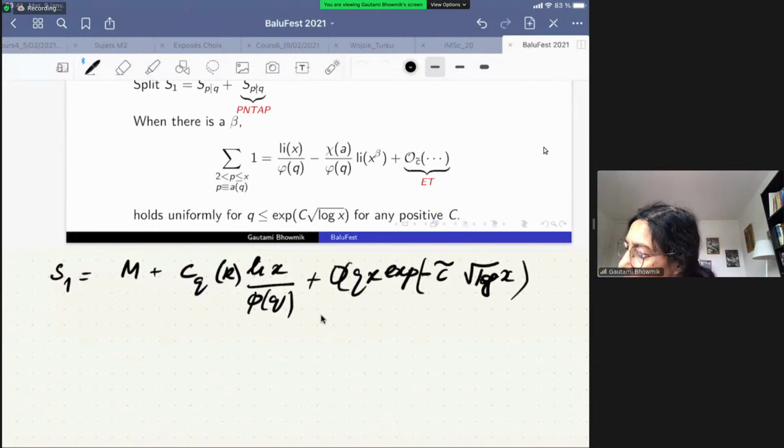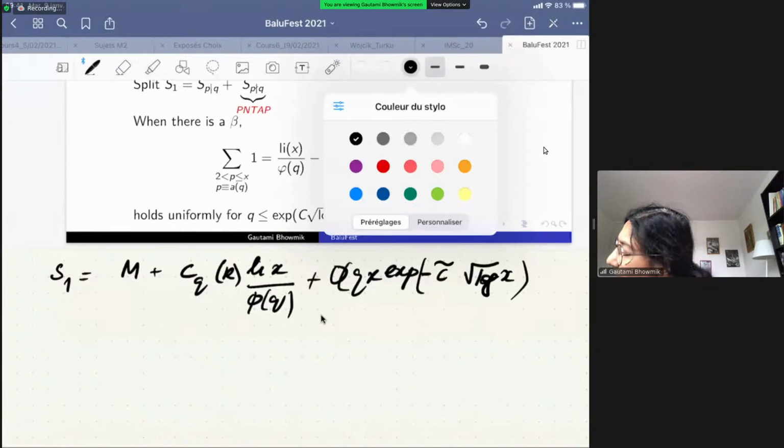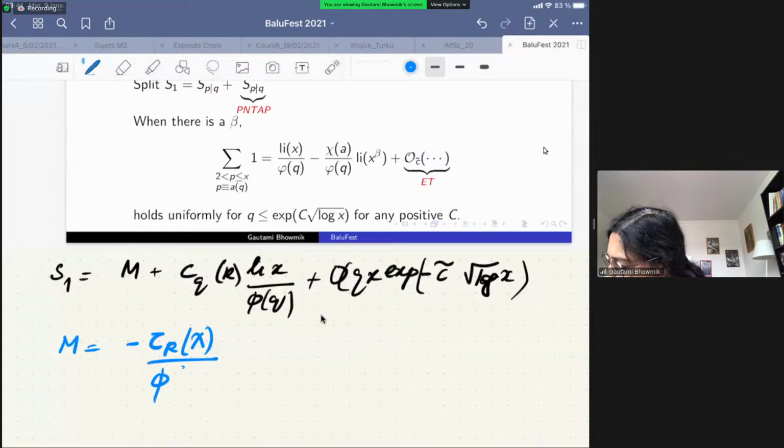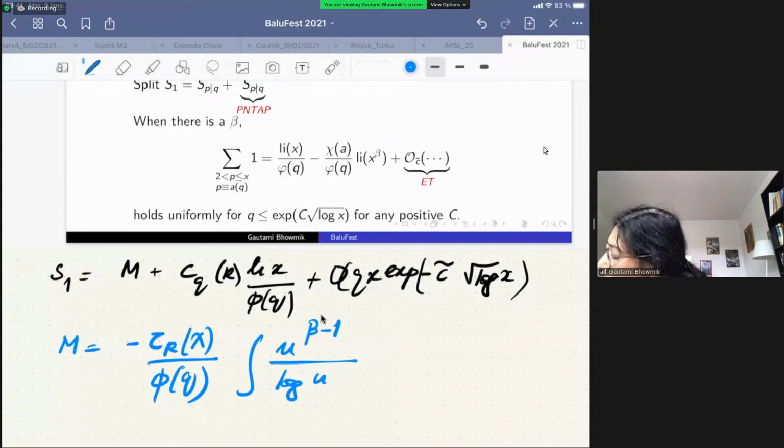So what is m? M is equal to, and here comes the Gauss sums. And you get an integral to x. Okay.